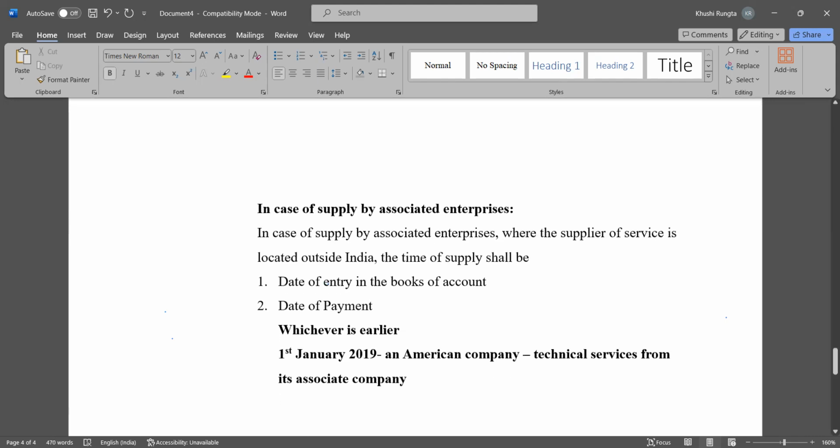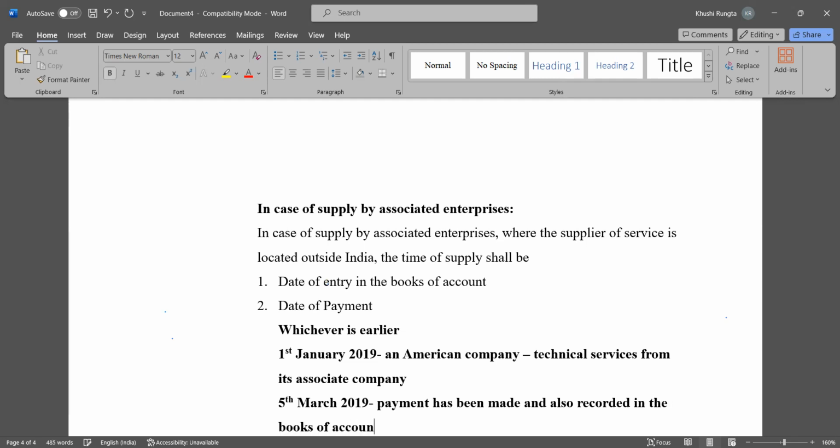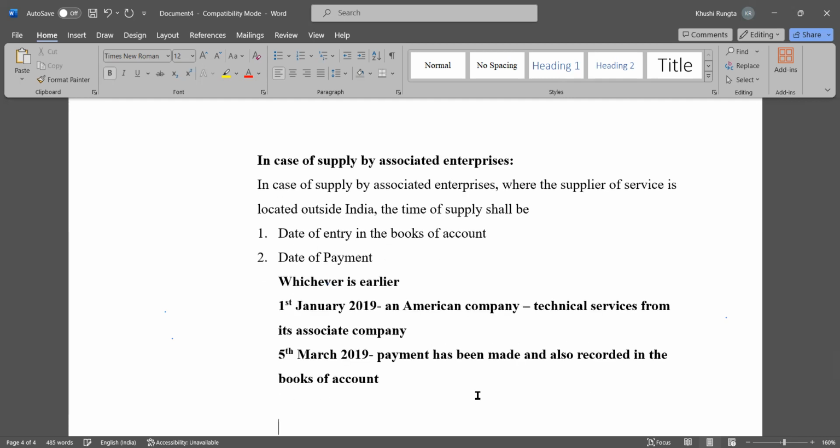And on 5th March 2019, payment has been made and also recorded in the books of account. What will be the solution?